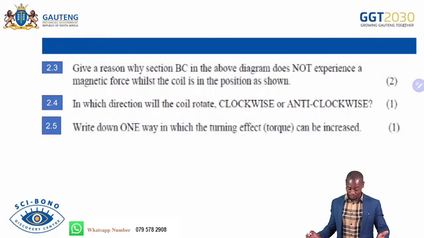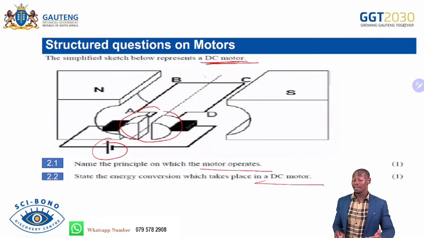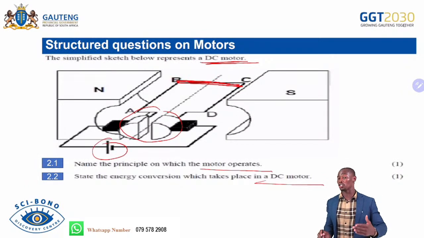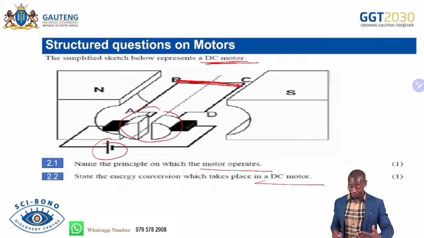The reason why BC will not experience the magnetic force, I'm not talking about the EMF, right? EMF will be induced and there will be maximum EMF induced here. Why maximum EMF? You can see the coil is in the horizontal position, right?